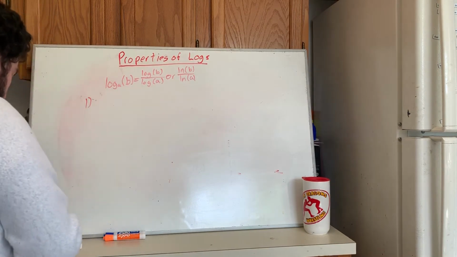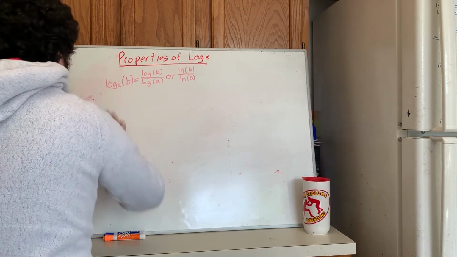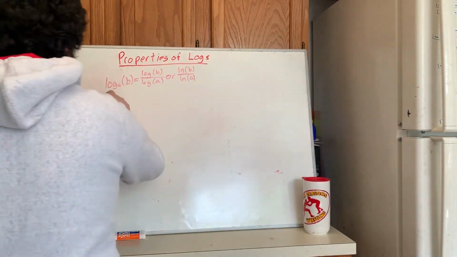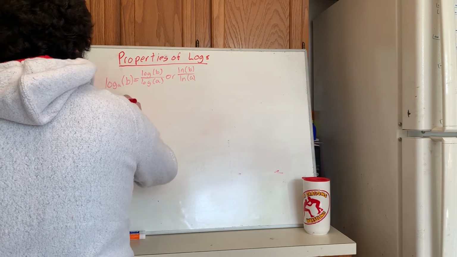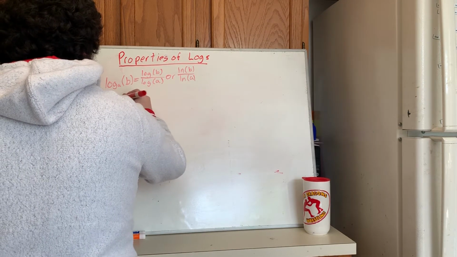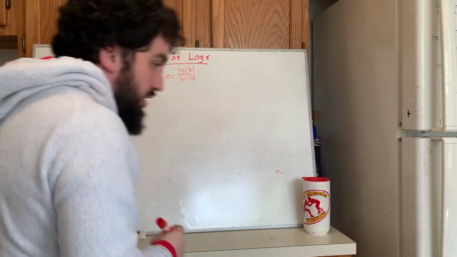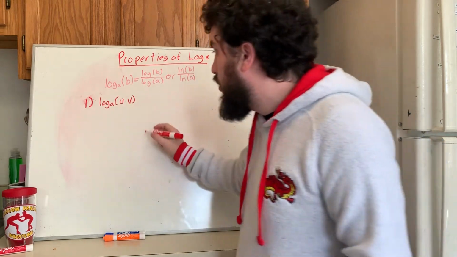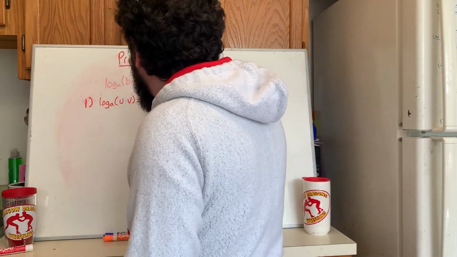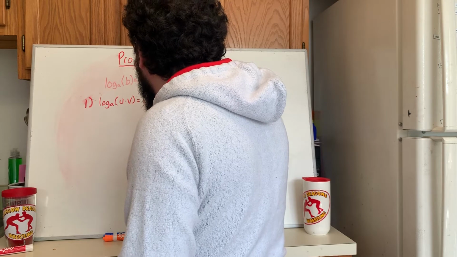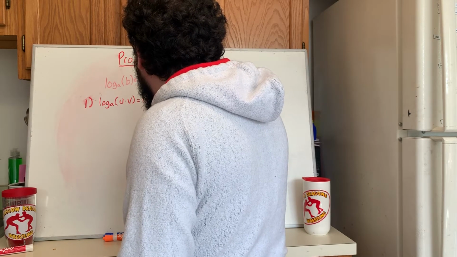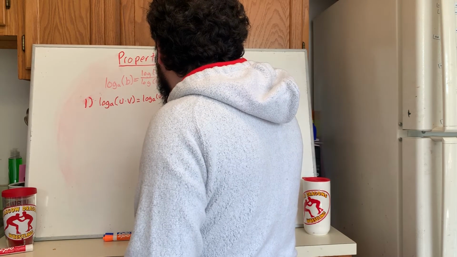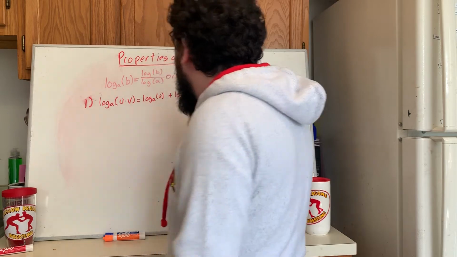So property number one we want to look at. Property one says the log base a of u times v. So when I have multiplication inside my log, I can rewrite this as split up as log base a of u plus log base a of v.